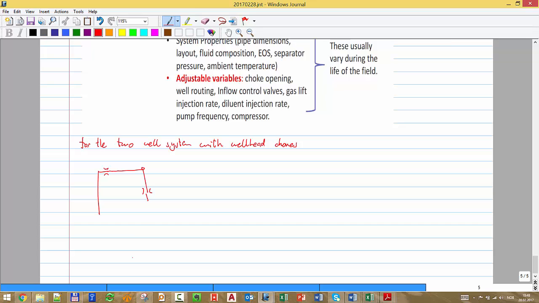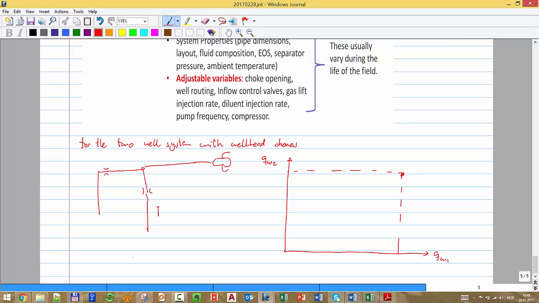So we have that, okay, and we have our separator. Okay, it is possible that I will paint Q well 1 and Q well 2. Okay, and I will create a region where if I, for example, leave the two chokes fully open, okay, I will find just this point. The two wells are producing, and I will find Q well 1 and Q well 2.